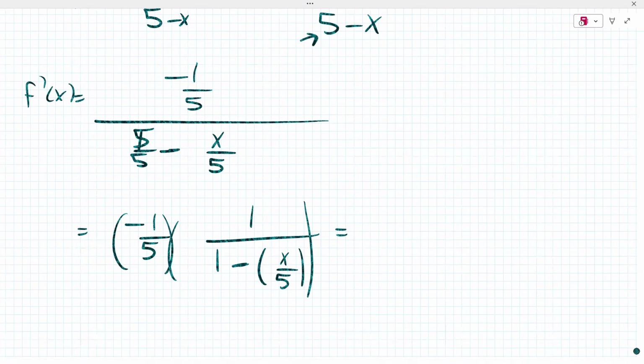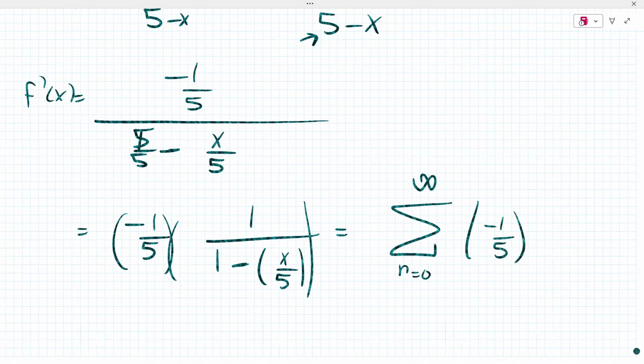And that gives you the summation of n equals 0 to infinity of negative 1/5 times (x over 5) raised to the n.